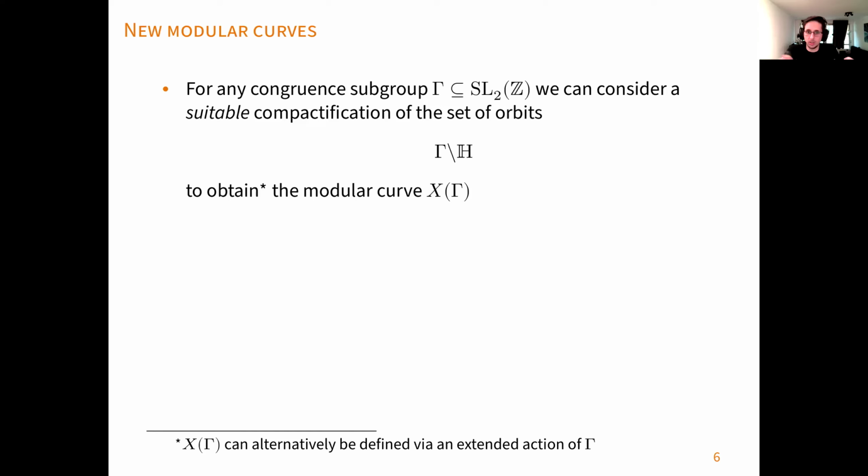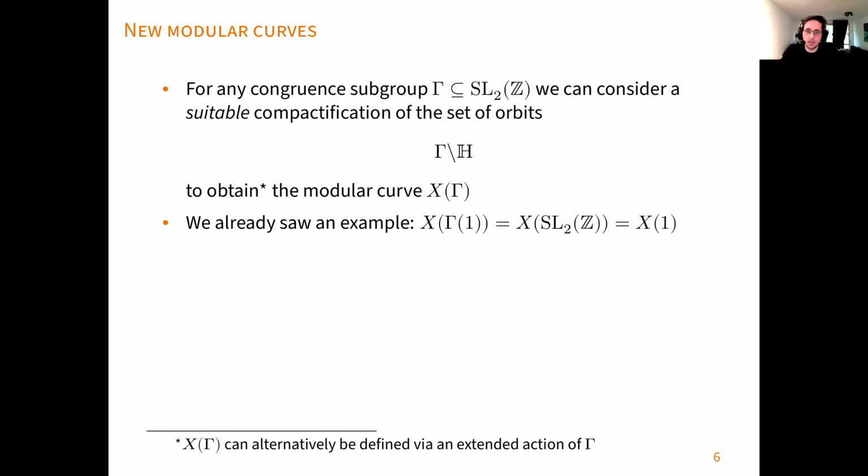But for us, the non-compactified part will be the most important anyway, so we won't go into more detail on that part. Now we have, of course, already seen an example of this, namely if we look at Γ(1), so this first principal congruence subgroup, then this is just the whole group SL2(Z), and there we get the curve X(1) back, which also explains the notation X(1) being just X(Γ(1)).